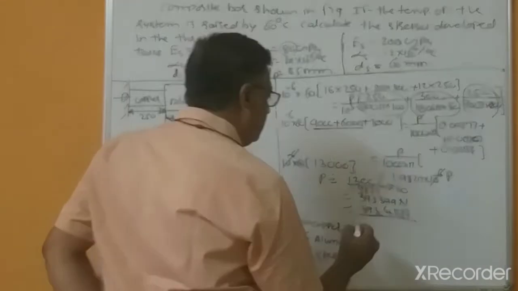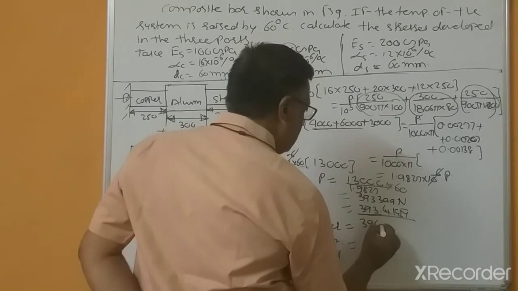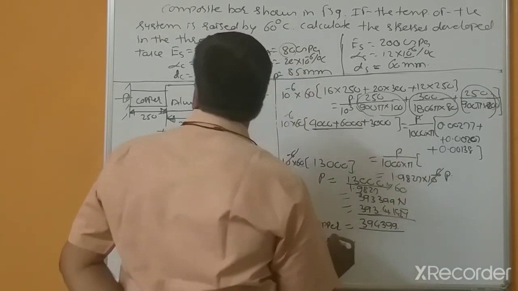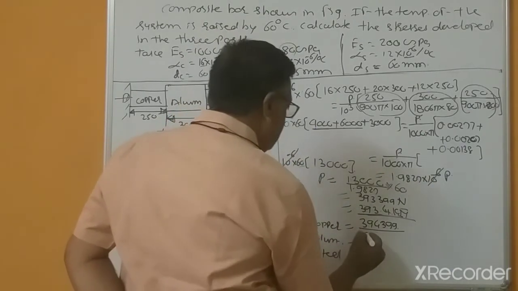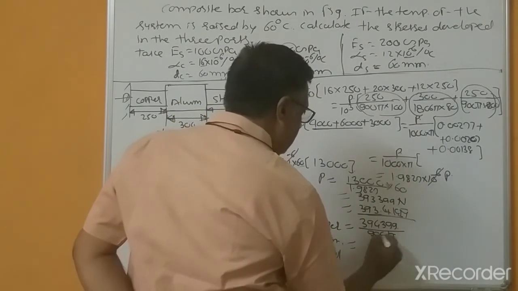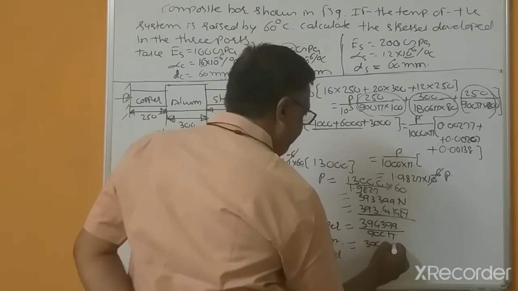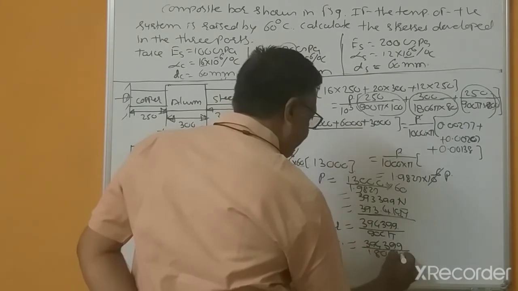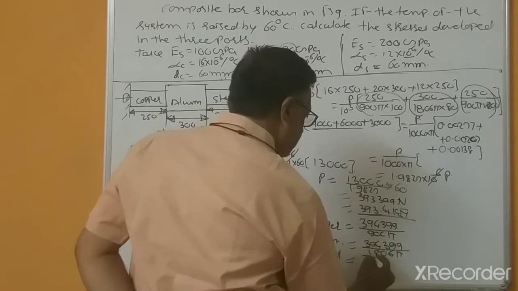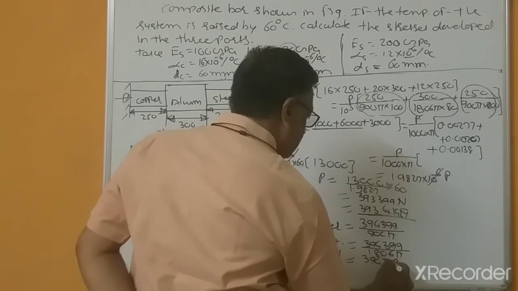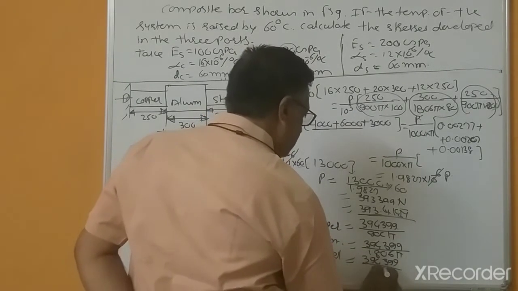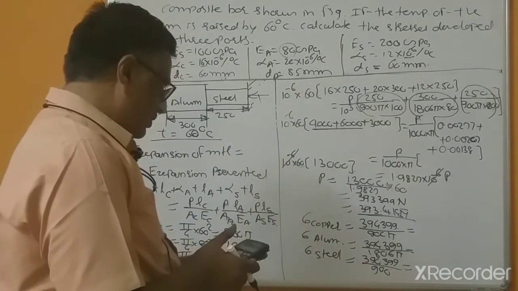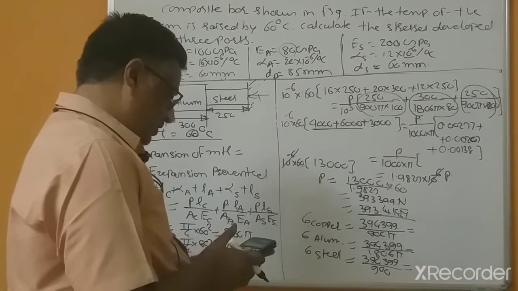This is equal to force divided by area, equal to this area, 900 pi, and this is same. So I think in copper and steel more stress is induced.